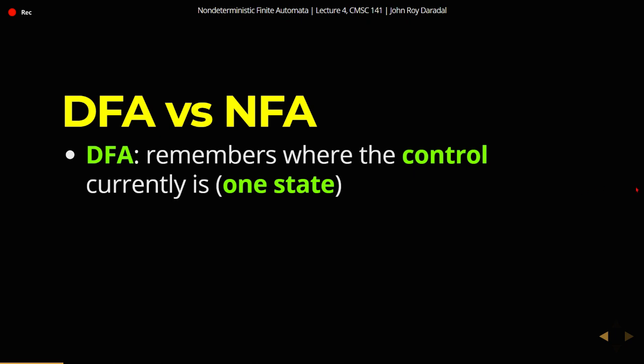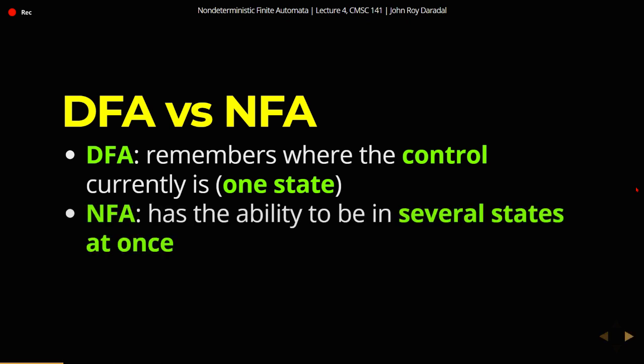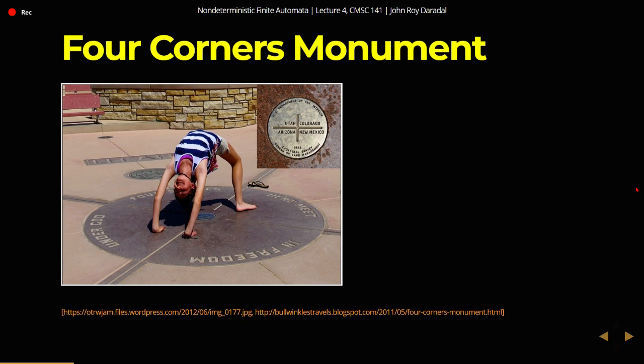So in the DFA, it remembers where the control currently is, which is only keeping track of one state. But in the NFA, it has the ability to be in several states at once. Okay, so several states at once, just like this girl here who's doing an acrobatic bridge pose in the Four Corners Monument.